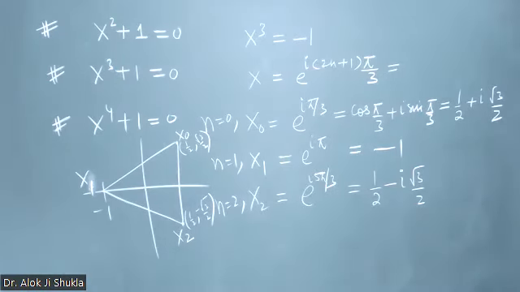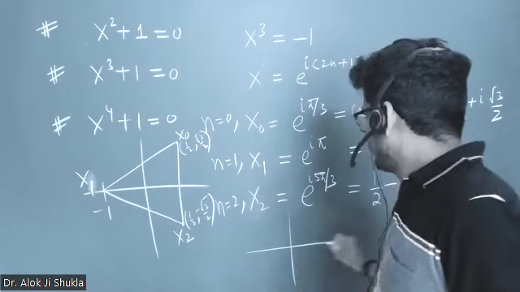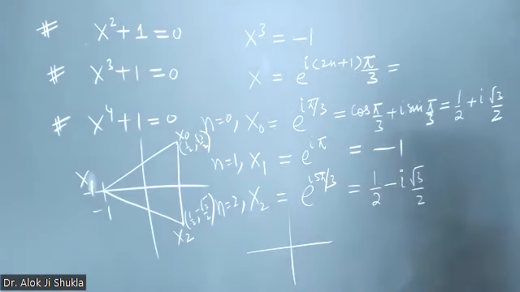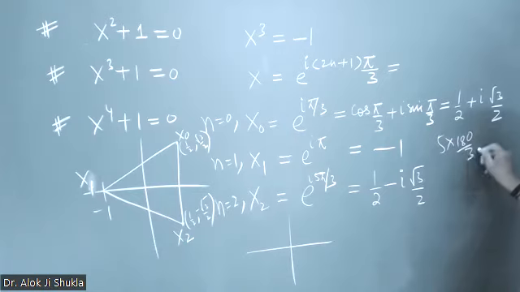Sir, cos 5 pi by 3 is in the third quadrant, no, sir? Cos 5 pi by 3 is what angle? 5 into 180 by 3, 300.